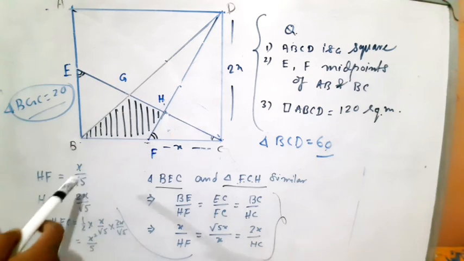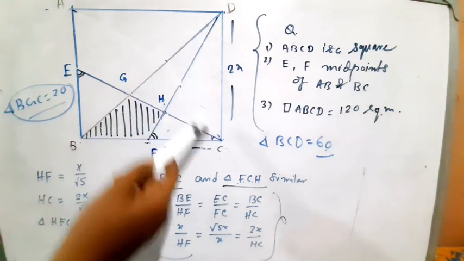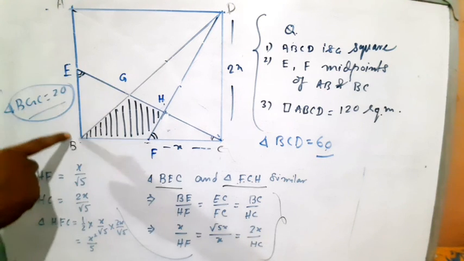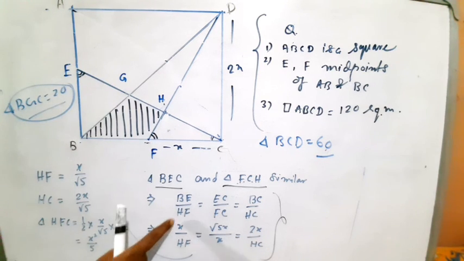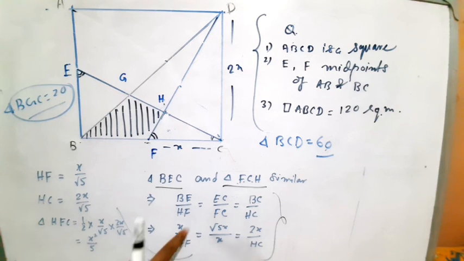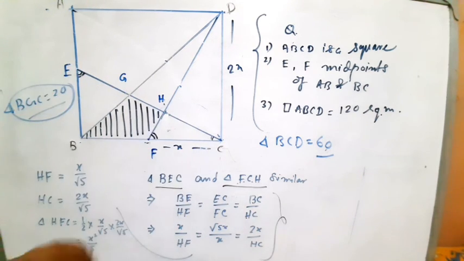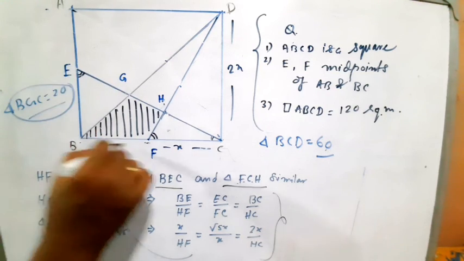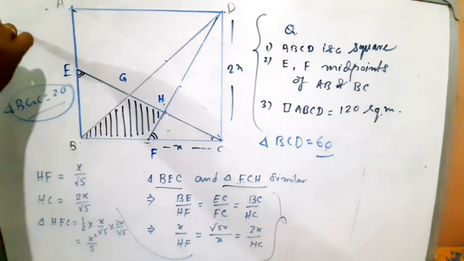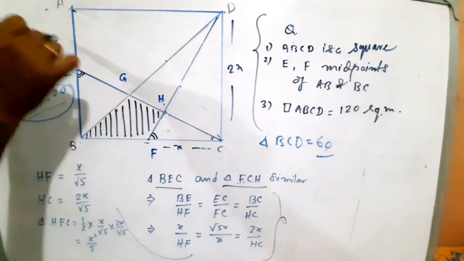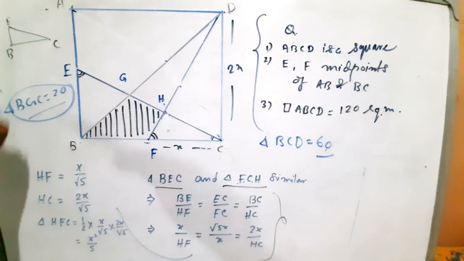Now we have already let DC equal 2x, so FC equals x. Put the values: BE is x, HF we have to calculate, EC. Since triangle BEC is a right angle triangle, clear, BC is 2x and BE is x.